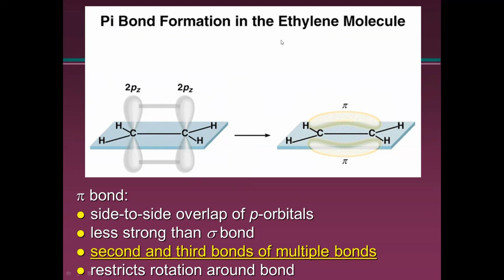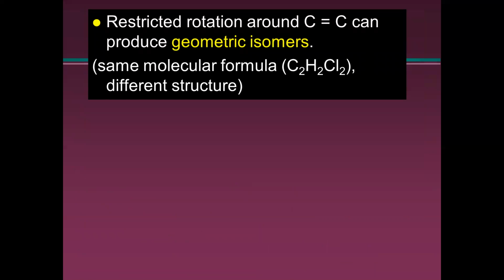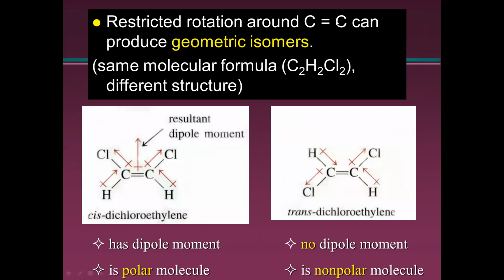This is why it does not rotate. Because the pi bond cannot be rotated, we have restricted rotation around the carbon double bonds. For example, this one you cannot rotate, so the angle and the geometry are fixed.